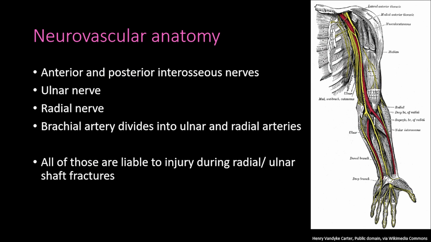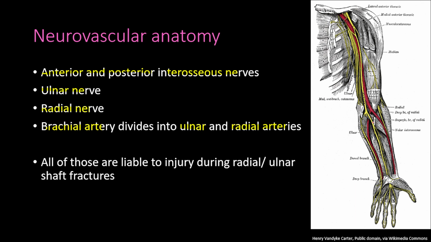In the forearm, we also have nerves and vessels that pass through the forearm, and those are capable of getting injured during forearm bone fractures. And those include the anterior and posterior interosseous nerves, the ulnar nerve, the radial nerve, and the brachial artery, which divides into the ulnar and radial arteries.